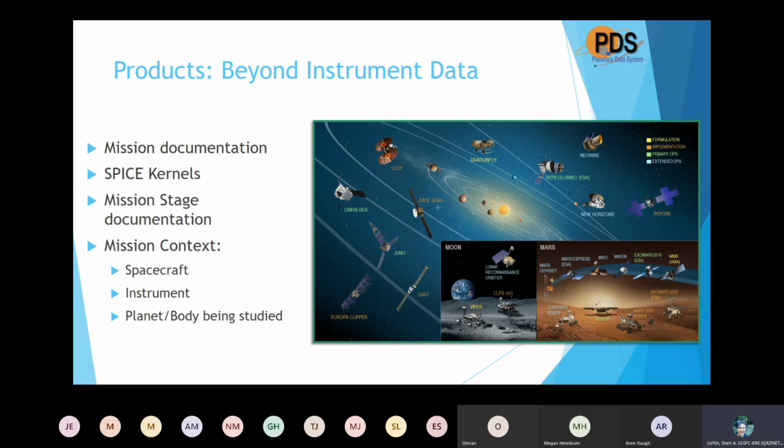Context products are important. If you have a telescope, describe the telescope. If you have an instrument that you attach to that telescope, describe the instrument attached to that telescope. How does it collect the data? All of that information is important. Navigational information has been used for previous studies to actually do new things that weren't even thought of when the mission was originally happening. So this kind of stuff is important for future missions and future studies using your data.